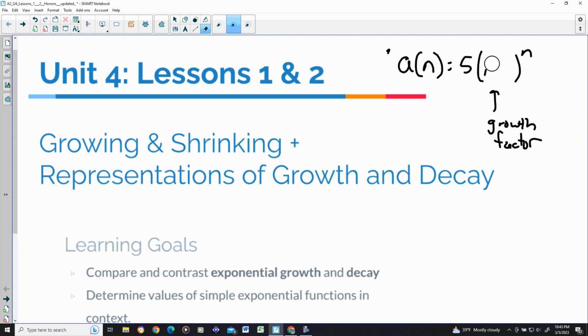If we erase this and we had instead 0.75, that meant that 75% was retained at each step, and that's considered decay. So here we're going to bring that back again and take a look at the connections that we made back then and how they're going to relate going forward.